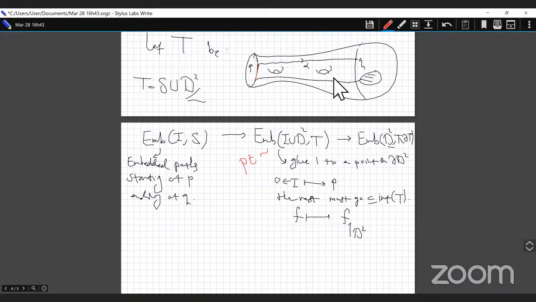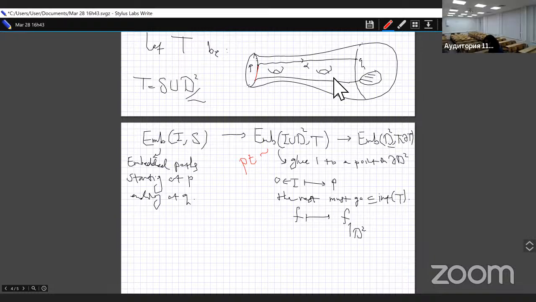And the fiber is what? It's embeddings where the embedding on I is fixed. So once we fix that, we have to do something with the disk. Okay.